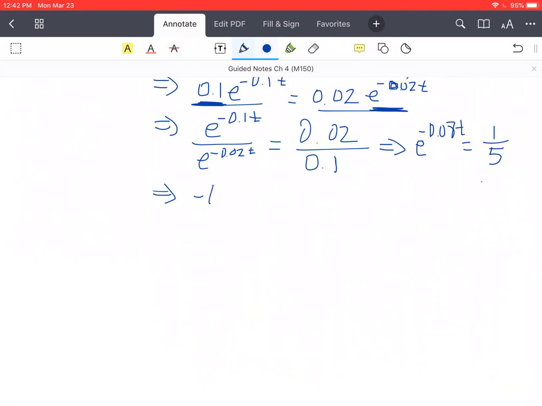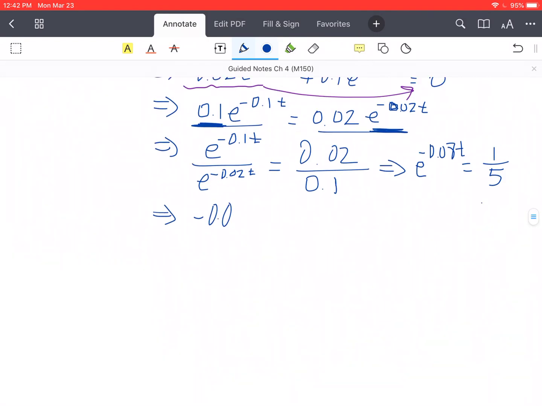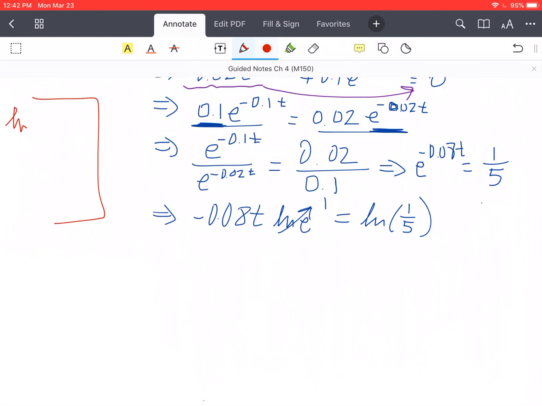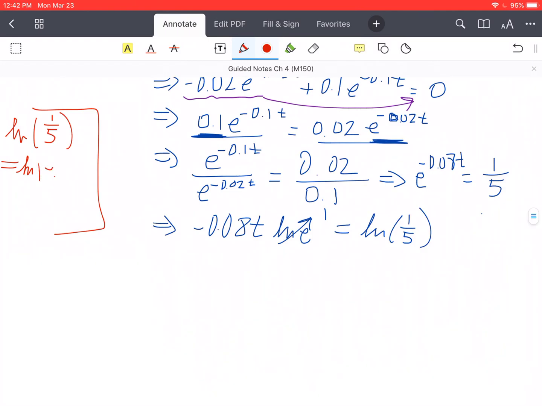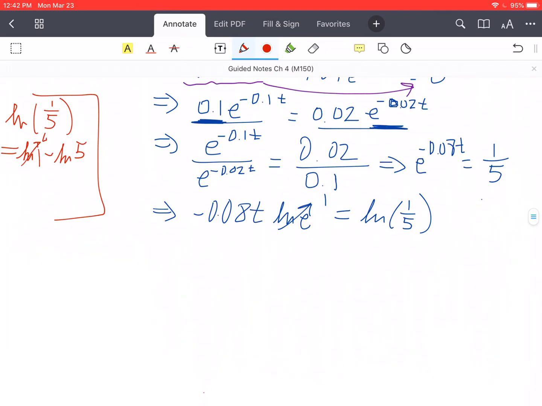So taking the natural log of both sides, we get negative 0.08t times ln of e, which is 1, so it just goes away, equals ln of 1/5. If you want to do a little side work, using the properties of the log, ln of 1/5 is the same as ln of 1 minus ln of 5. ln of 1 is 0, so that's just negative ln of 5.